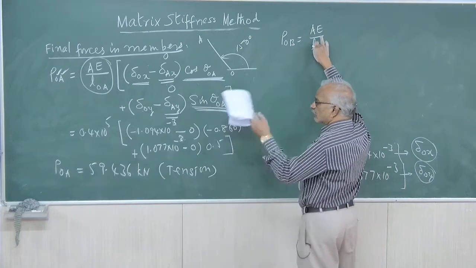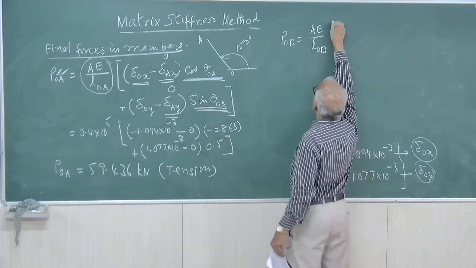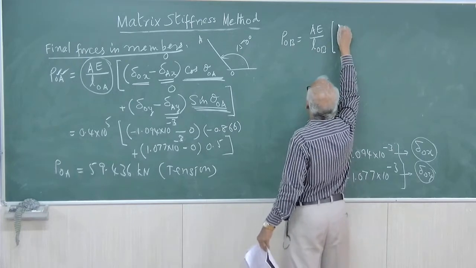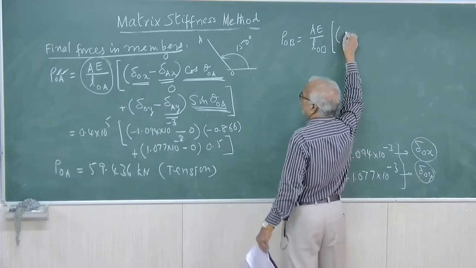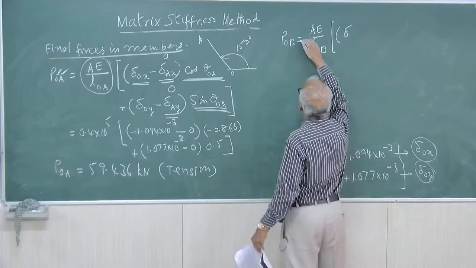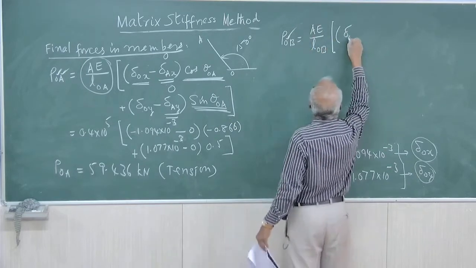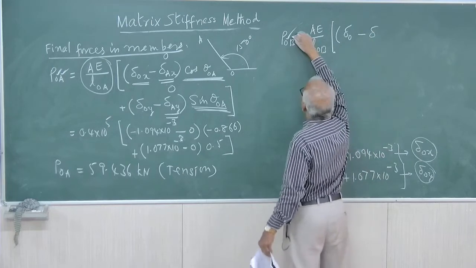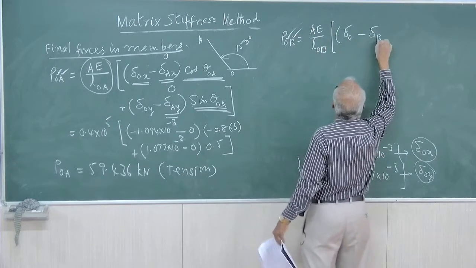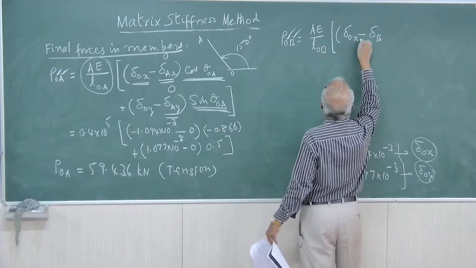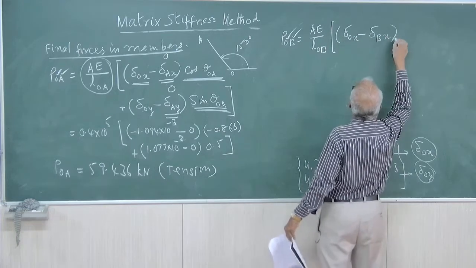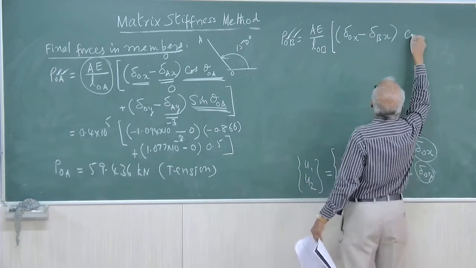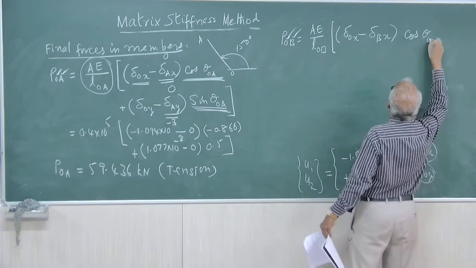That value you simply rewrite into this formula, which is the same: delta O minus delta B, OB in the x direction, into cos theta OB.